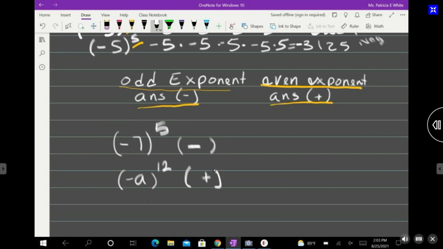What if I had negative... positive or negative? Would my answer be positive or negative?